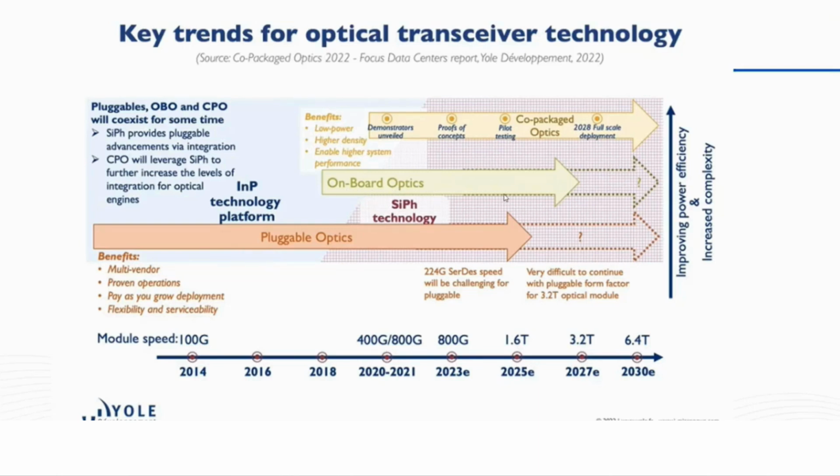In onboard optics, as you see here, we expect in 2027 to achieve 3.2 terabit per second. But in co-packaged optics, especially in silicon photonics, we can overcome these barriers, and we expect to achieve, for instance, 6.4 terabit in 2030.